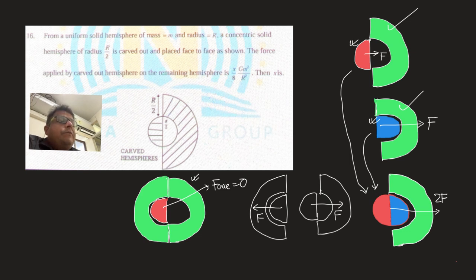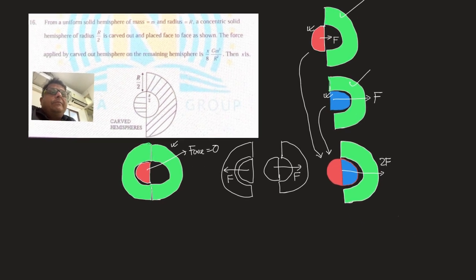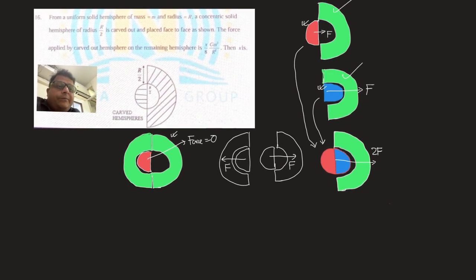Now what you have to find out is 2F. That means, see, this is easier to find. It means you have a sphere and a hemisphere, so you can calculate the force. ठीक है ना, that you can calculate yourself.